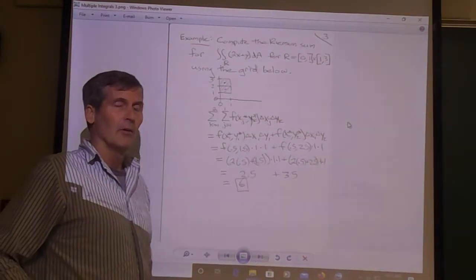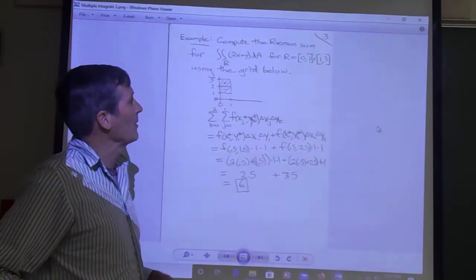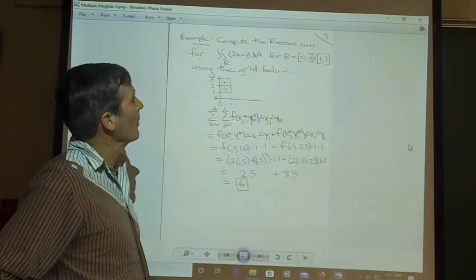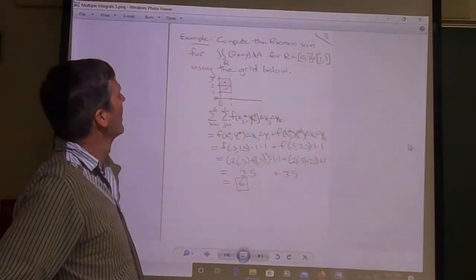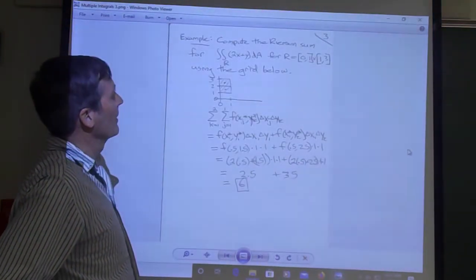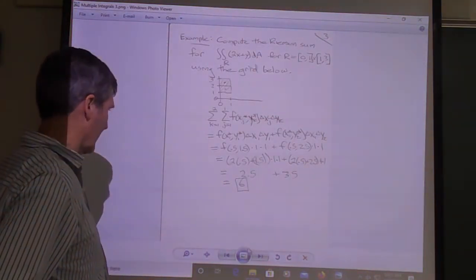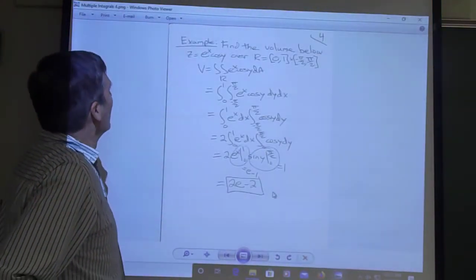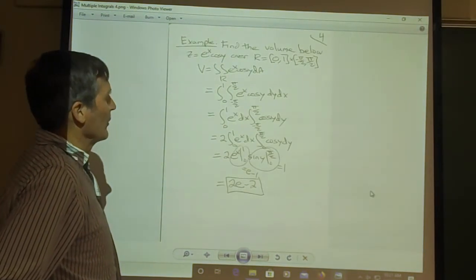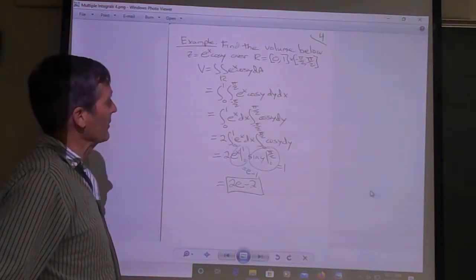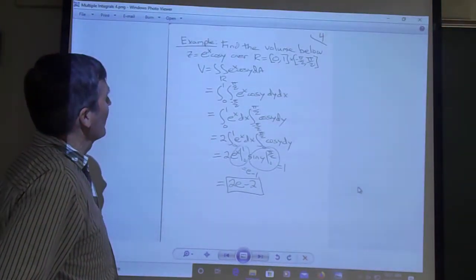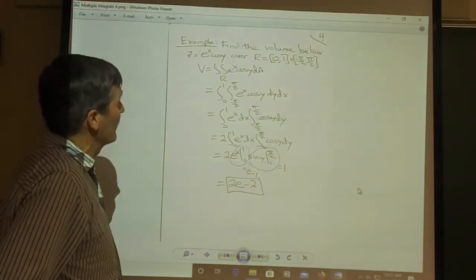Well, what we just saw is actually there's a formula for doing this exactly, provided we can do the integrals. Suppose I want to find, let's say this time, the exact volume.